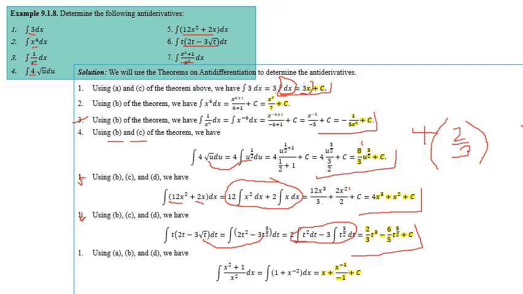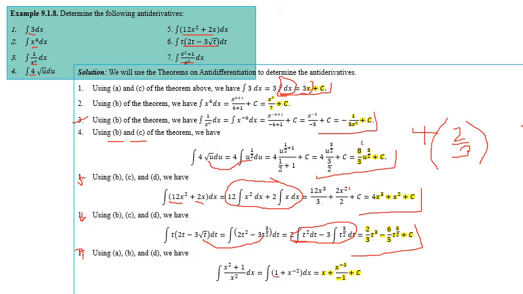For the last example sa anti-differentiation using theorems A, B, and D, so we have the integral of x squared plus 1 over x squared dx. So, para ma-eliminate yung denominator, okay? So, ano yung gagawin natin dito? Pwede natin itong i-simplify since monomial yung sa denominator natin. So, we have x squared divided by x squared is 1.